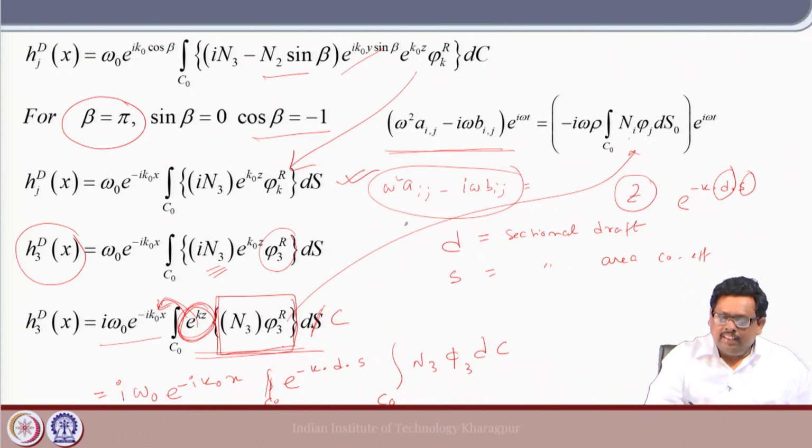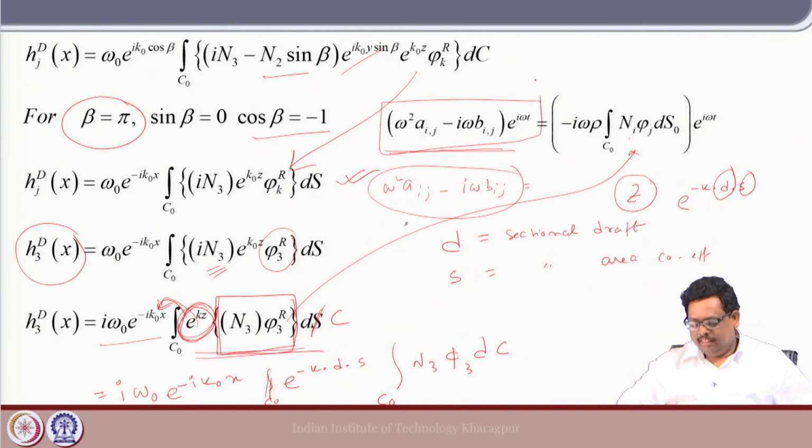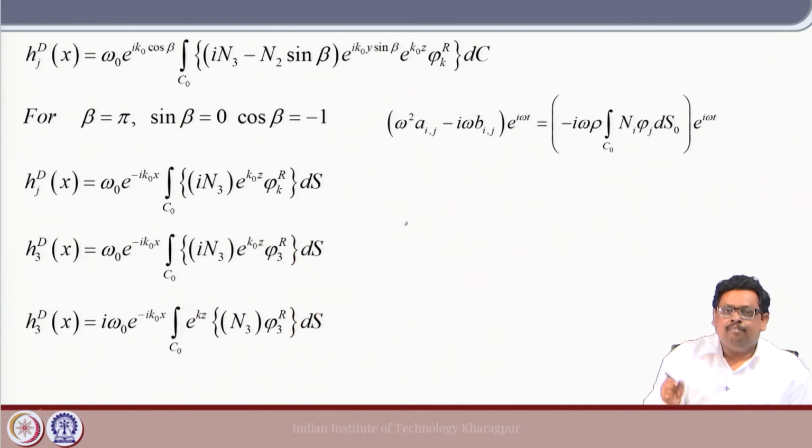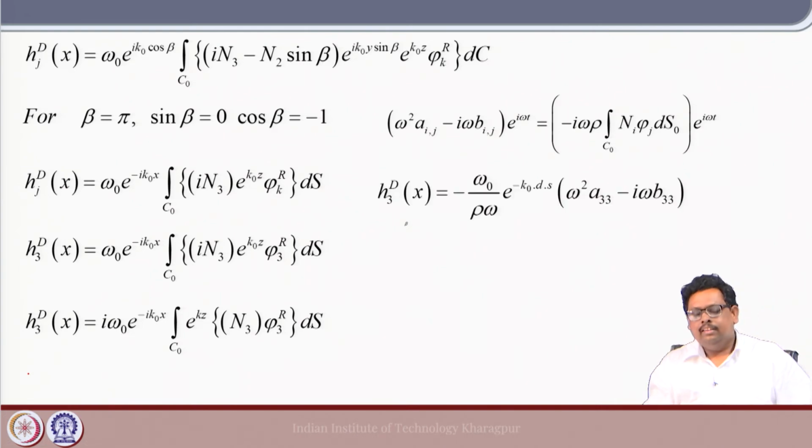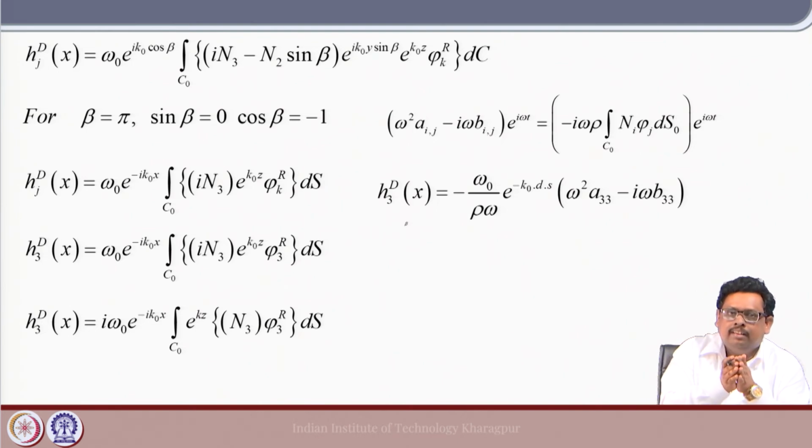And then if I do that, I can use this as added mass and the damping. So, if we apply everything here, and then finally we get as follows. Now, this is a very special case for head waves.